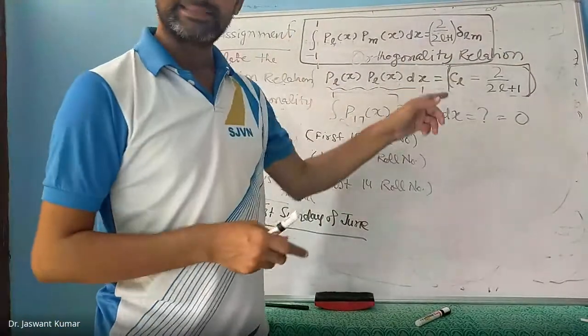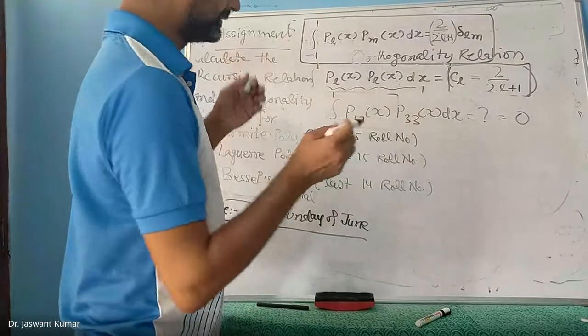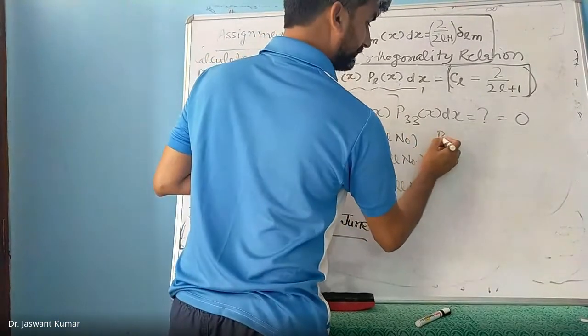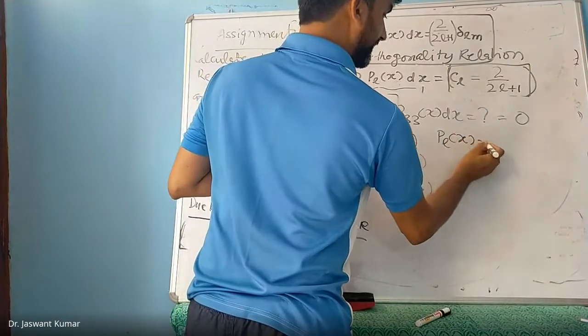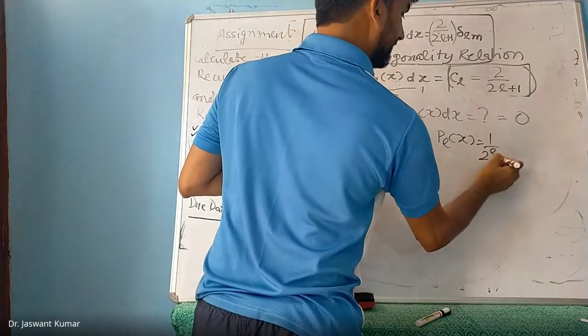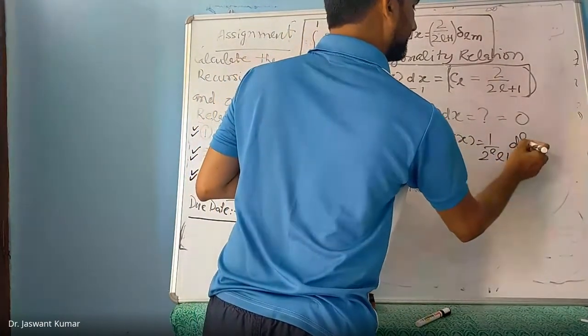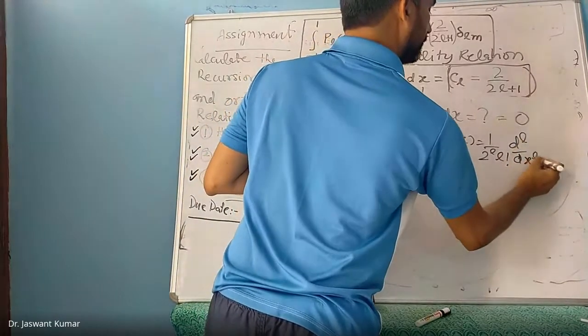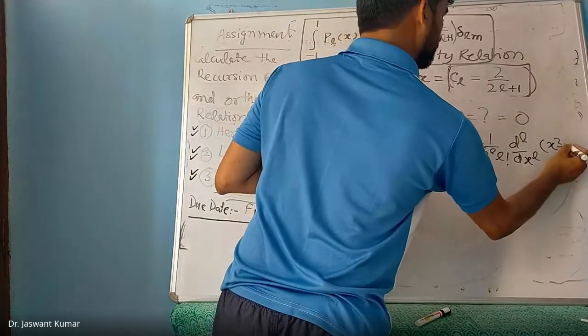For example, the solution of the Legendre equation we had derived was P_L of x equals 1 by 2 to the power L factorial, d^L by dx^L of (x squared minus 1) to the power L.